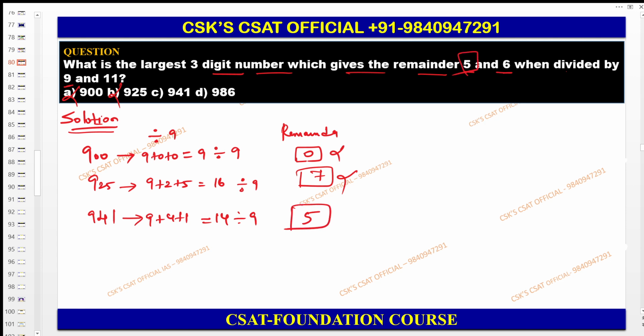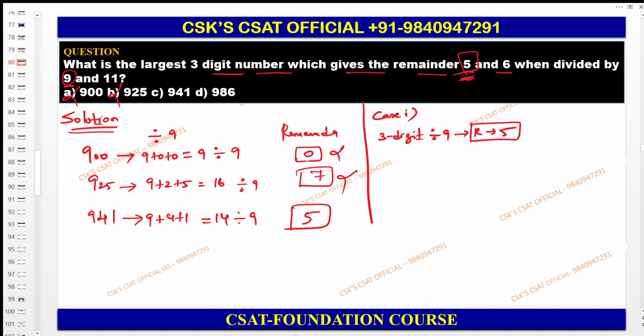The remainder is 5, since when you divide by 9, you need to get the remainder 5, isn't it? Check here. Everybody getting the point? First case is the 3-digit number divided by 9. You need to get the remainder as 5.